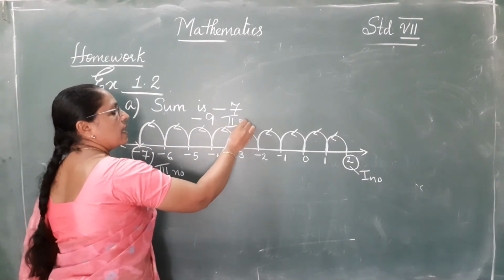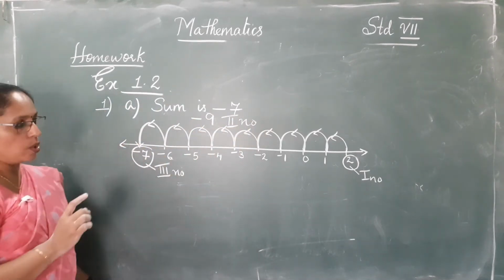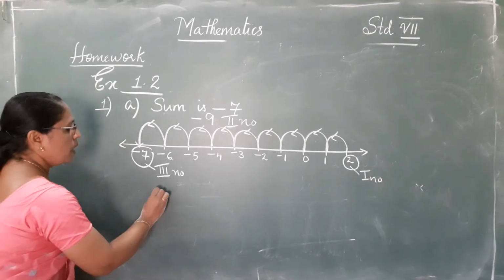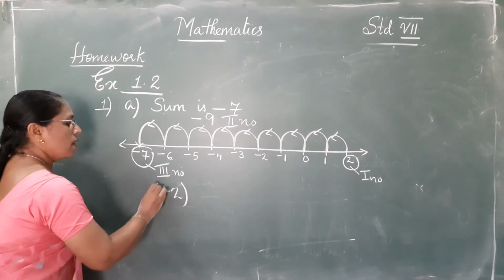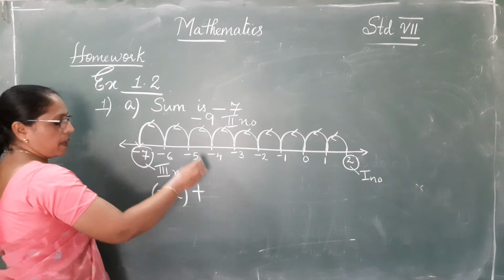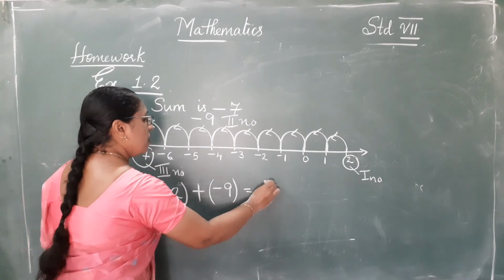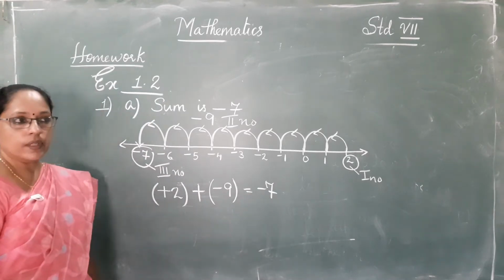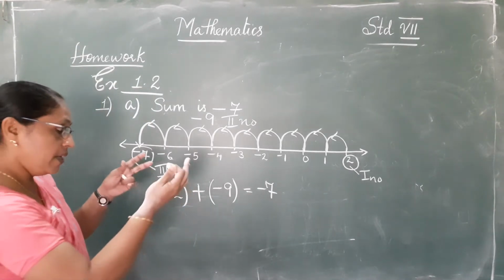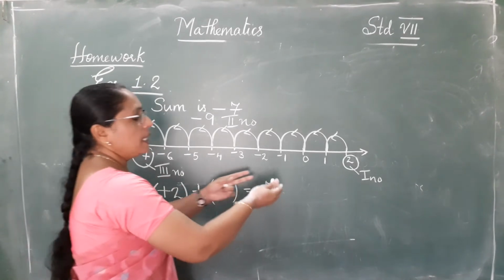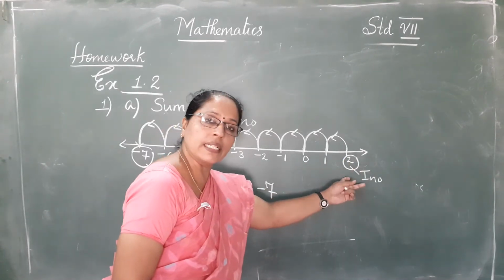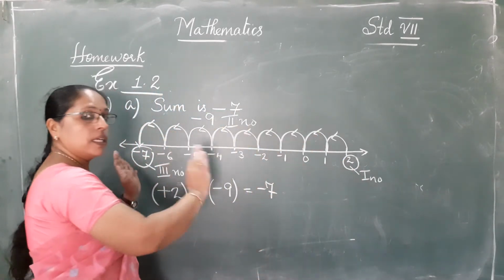This is your second number. So, starting with the first number, +2 plus -9 is equal to -7. You might have got a different answer because it depends on the number you have selected. You just check the method is correct.